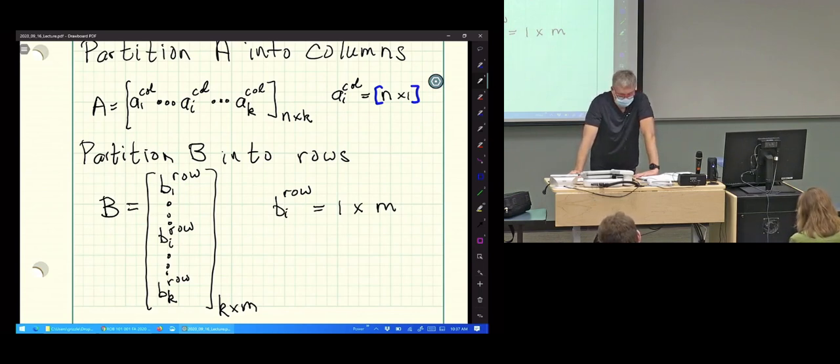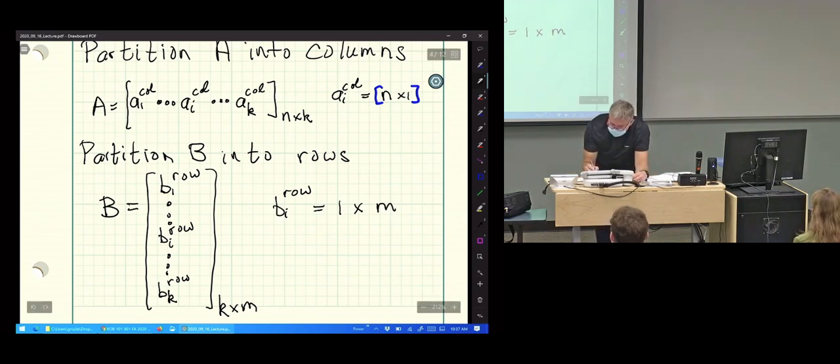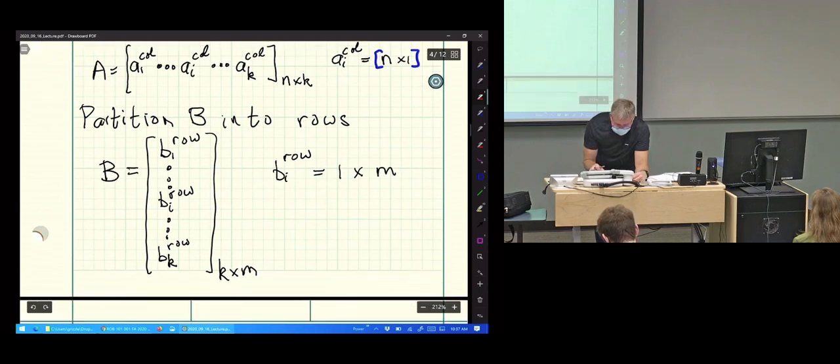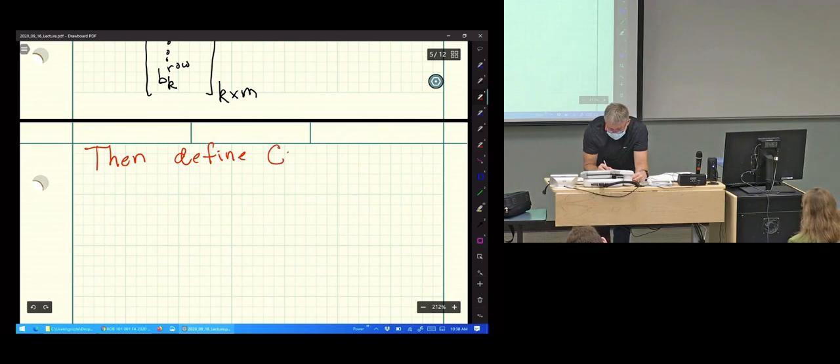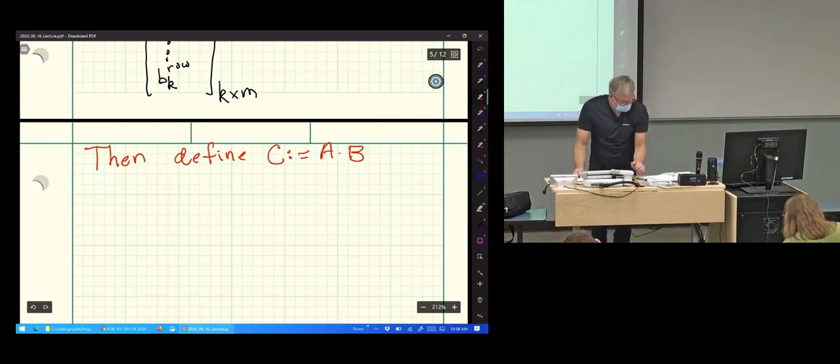We got that? Okay, I don't want to blow through this so quickly. Then we define C to be the matrix product, just like we've done 100 times.